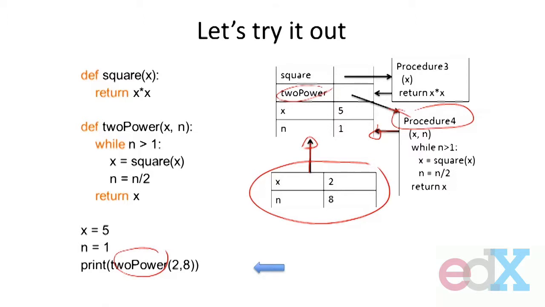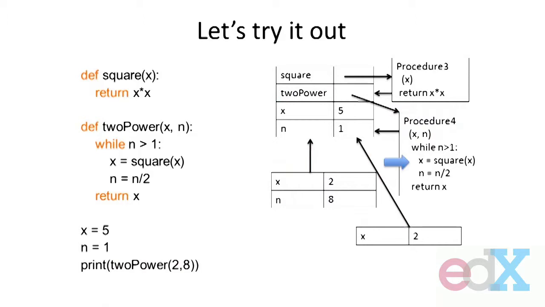And inside of that frame, I'm going to take the parameters x and n, and bind them to the values of the arguments that were passed in. Technically, those are evaluated up in the global environment as 2 and 8, but I've now got a binding of x and n to 2 and 8. And now I'm ready to start doing the computation, because relative to this frame, I'm going to evaluate this body.